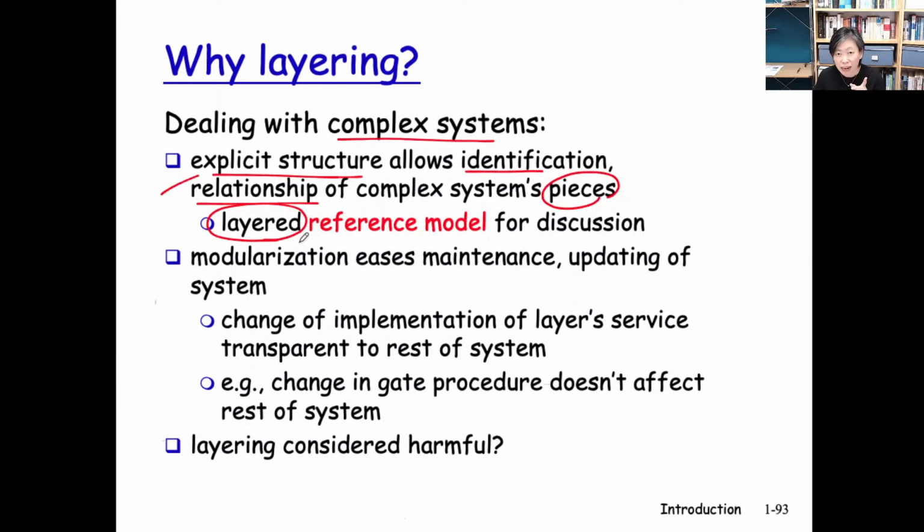And we call that layered service model also the reference model, because we are referring to these pieces on the internet in layers as well. Okay, so it's our reference model for discussion among the network engineers, which you are becoming one as well. All right.